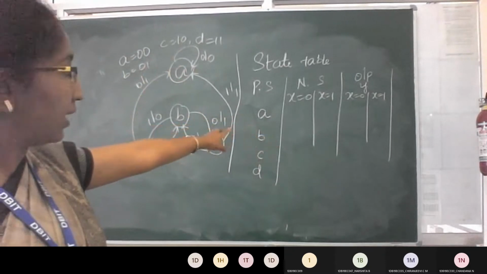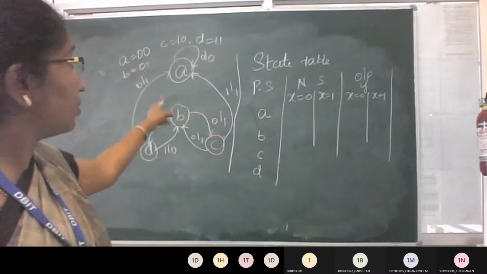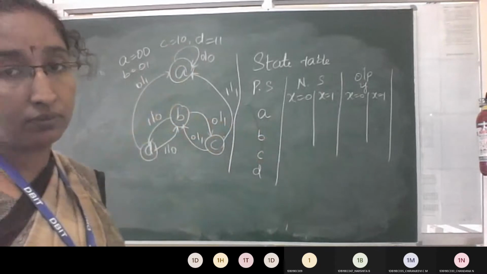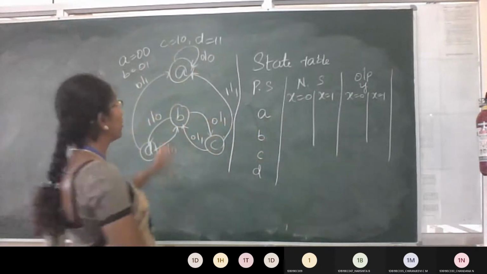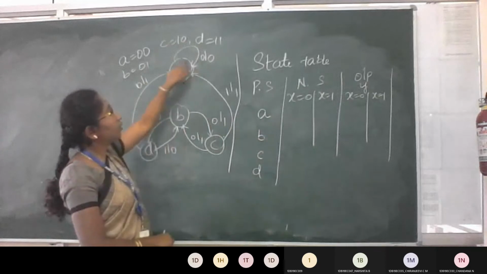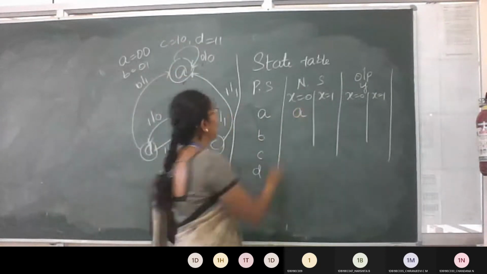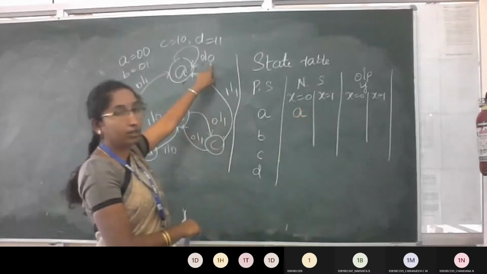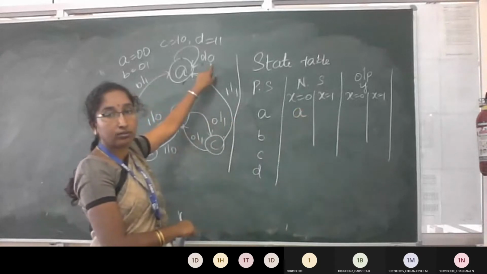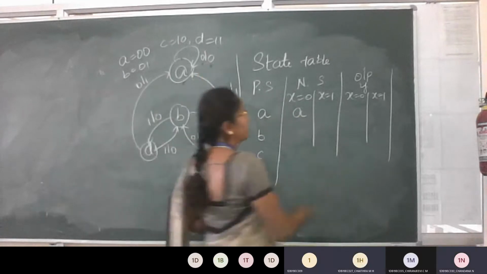So the present state is A. When x is 0, where is it moving? It is moving to the same state. What is the corresponding output value? Output is 0.